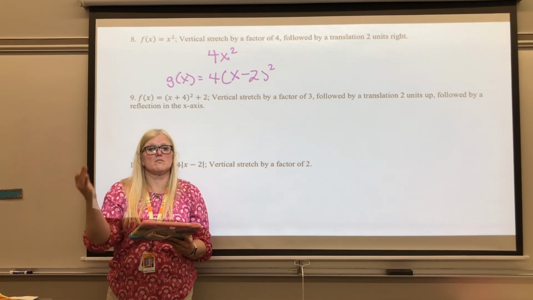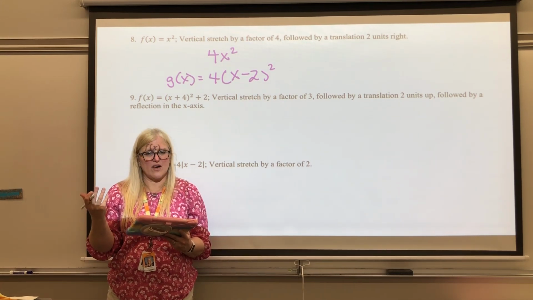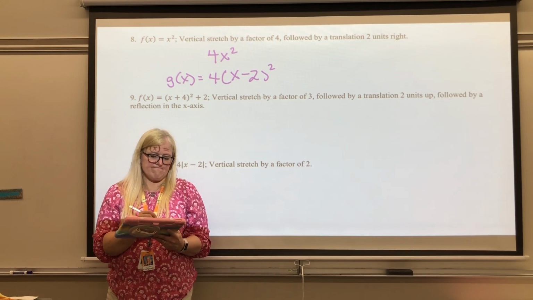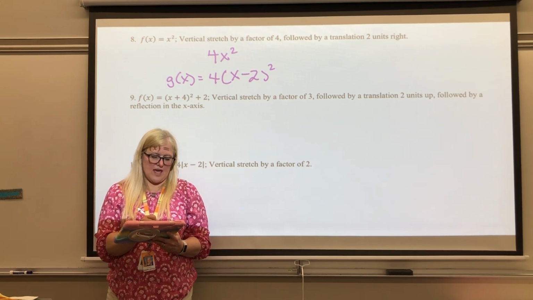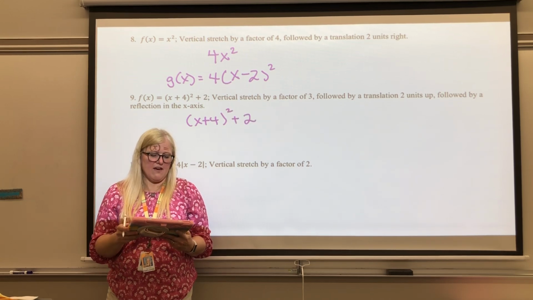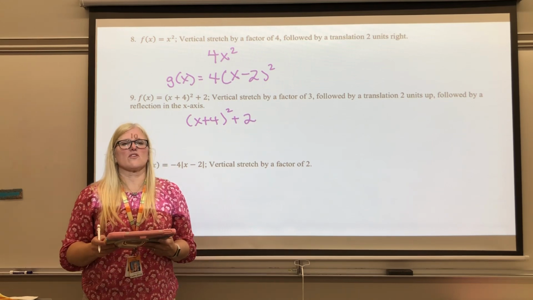All right, vertical stretch. Okay, now we have a little bit more of an involved function. We start with x plus 4 squared plus 2. A vertical stretch by a factor of 3.